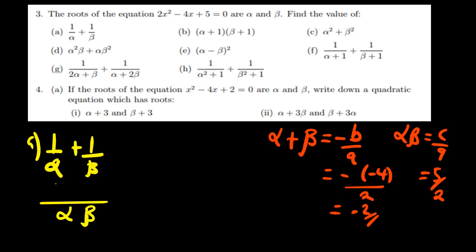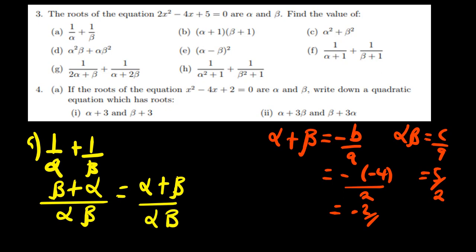Plus, when I divide beta into this, I remain with alpha, multiplied by what is on top, 1. Now addition is commutative, so I can swap the ones on top. Beta plus alpha is the same as alpha plus beta. You remember those concepts.